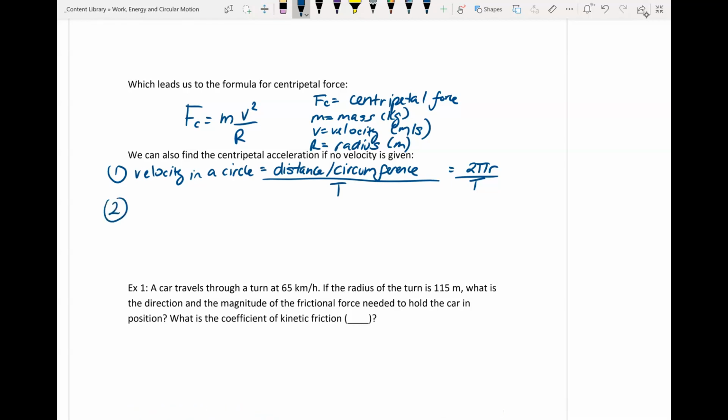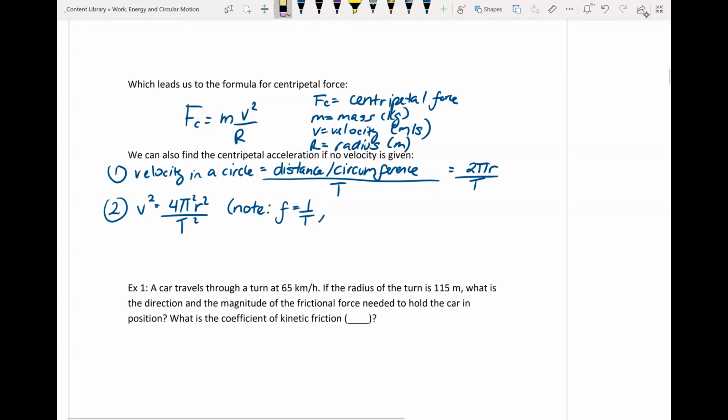The second thing we're going to do is square both sides of that equation we just found in 1. So that's v squared is equal to 4 pi squared r squared over t squared. We're going to use the fact that f is equal to 1 over t, which is frequency equals 1 over time in seconds. This is from grade 11 physics.